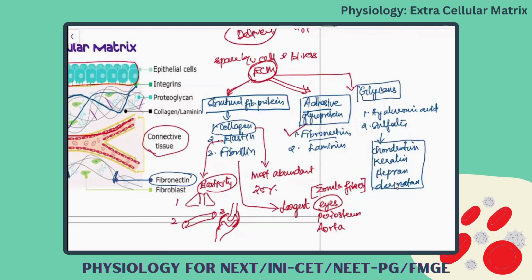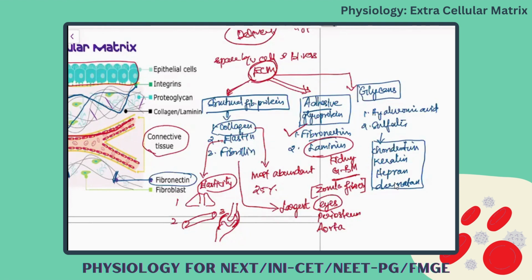And laminin is abundant in the kidney glomerular basement membrane. In the nephron, you have the glomerulus, and the glomerular basement membrane is rich in laminin. So this is about the extracellular matrix. I will give you a fast revision.